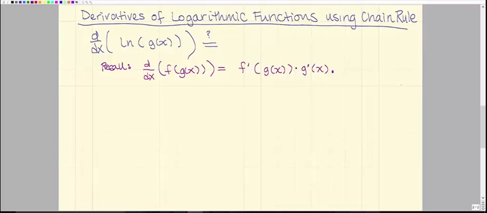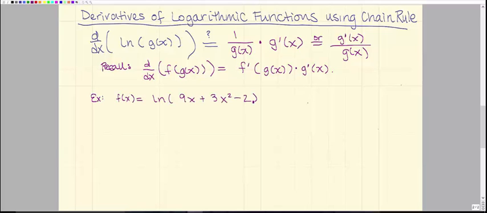So when we let g of x be the argument, the derivative will be 1 over g of x. But then I multiply by the fact that it's not just x, but a function of x, which was my argument. And so I get that the derivative of the natural logarithm applied to a function is 1 over that function times the derivative of that function. Pretty cool, huh? So let's just do 2 examples.